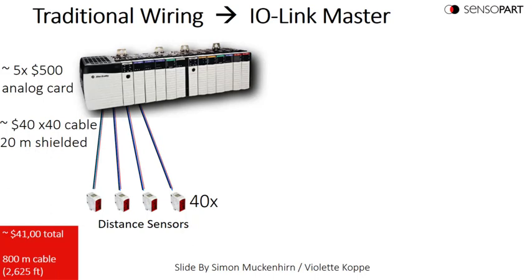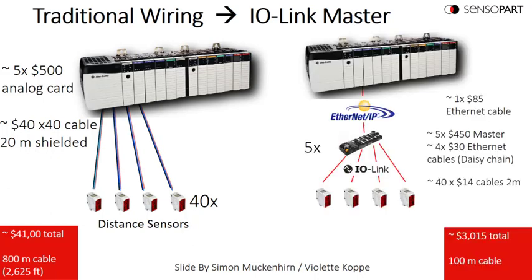If you had 40 analog distance sensors, you'd need 5 analog input cards and shielded cable. So with IO-Link, you have unshielded cable. You run it to an IO-Link master, and then from there you talk your field bus to your PLC, no analog input module needed, and it's $3,000 versus $40,000.